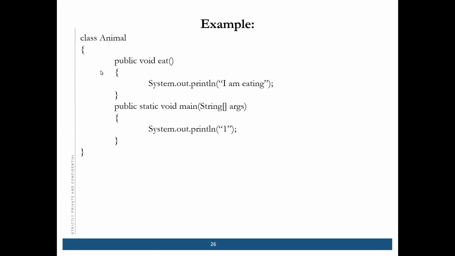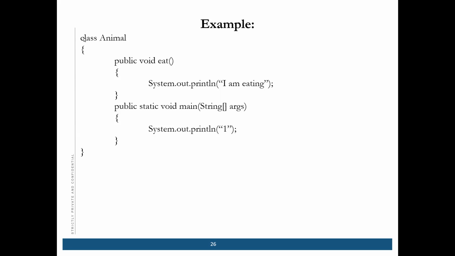Okay. So this is a class Animal, and inside that there is a method which is public void eat. You remember all this. I am assuming that whatever we have done till now, all these syntaxes of the methods, you already know.